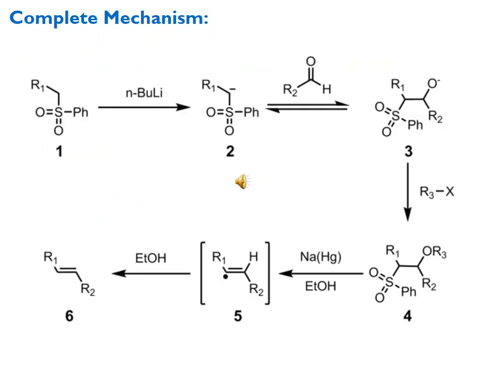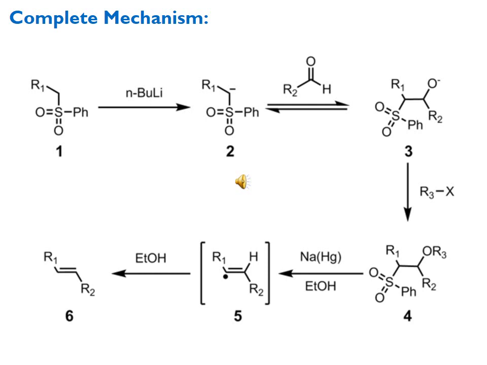This is the overall reaction mechanism of this olefination. First, sulfones are treated with alkyl lithium as a base, and we get a carbanion. This carbanion acts as a nucleophile and attacks the carbonyl carbon of the aldehyde or ketone, and we get an alkoxide ion. This alkoxide ion is treated with an acylating agent to get a good leaving group.